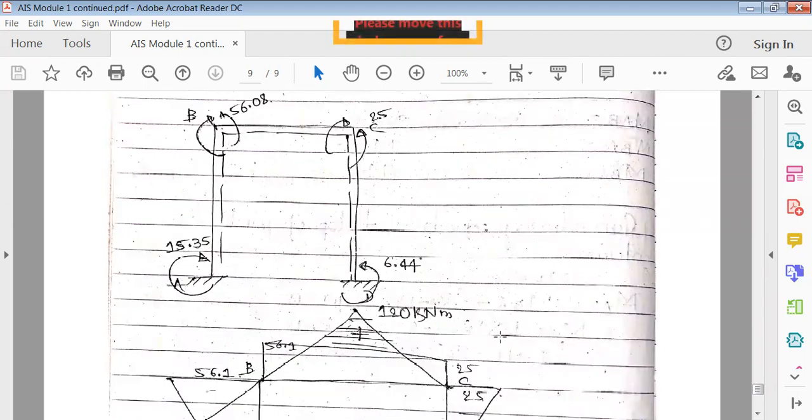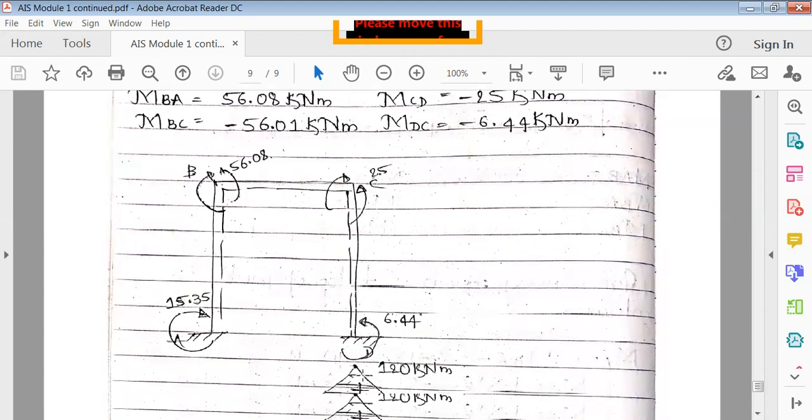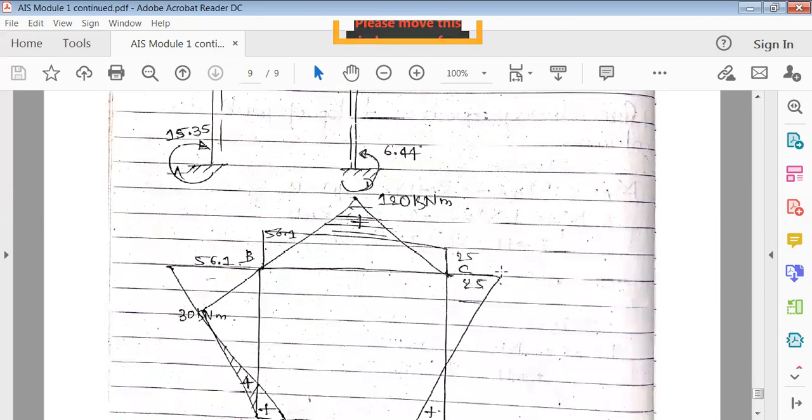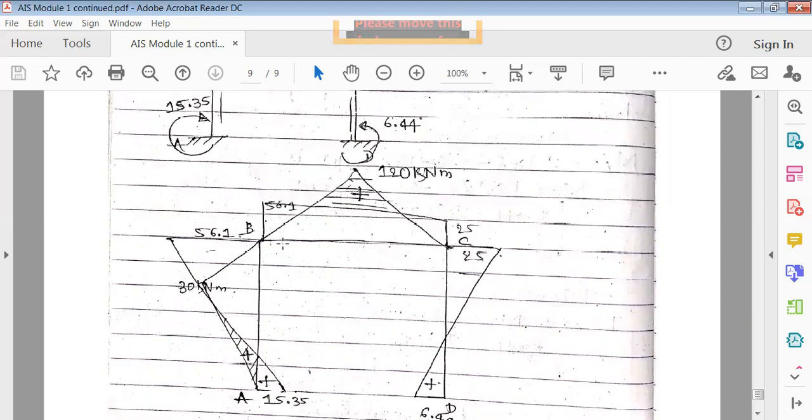And here it is 25, acting upward. Then in this portion, coming down, that is 6.44, acting inward, and here it is acting outward, so 25. So plus and minus, here also plus and minus, here minus and minus.